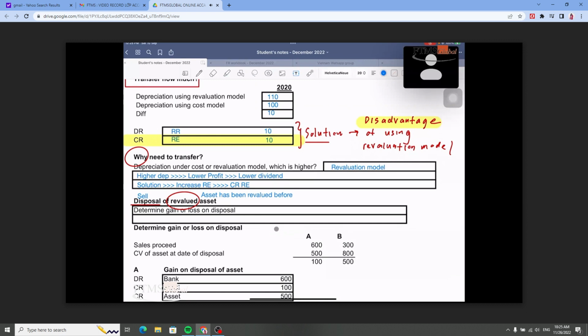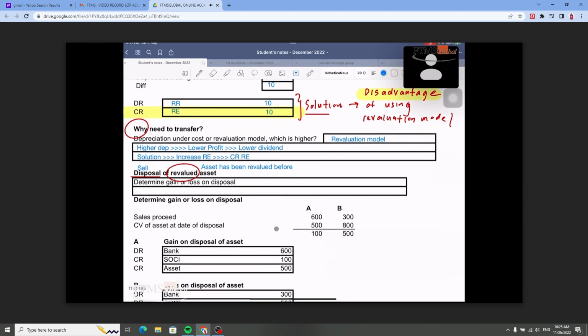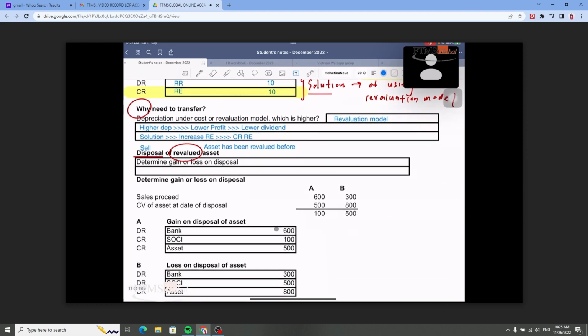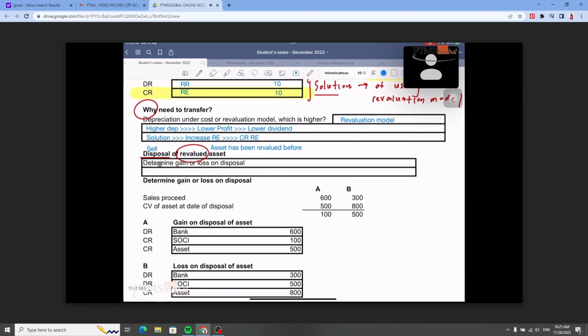So disposal, I think, is clear cut. You need to determine the gain or loss, like what we normally do. There's another step that you need to do if your asset has been revalued before.